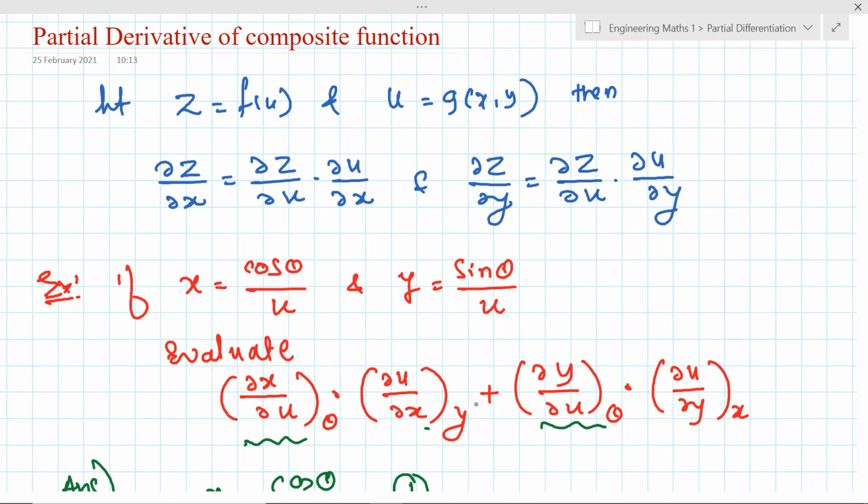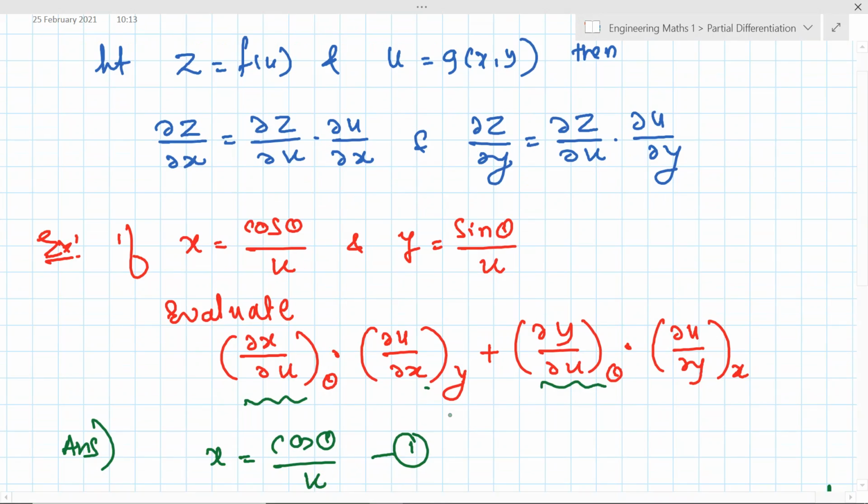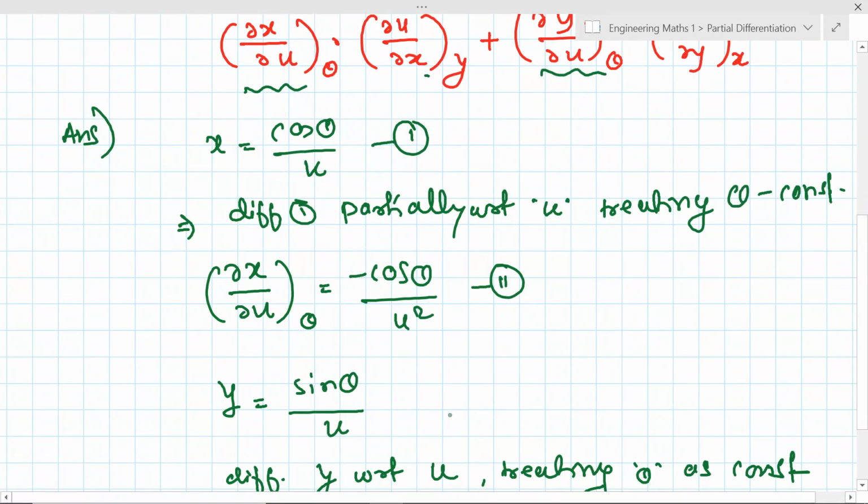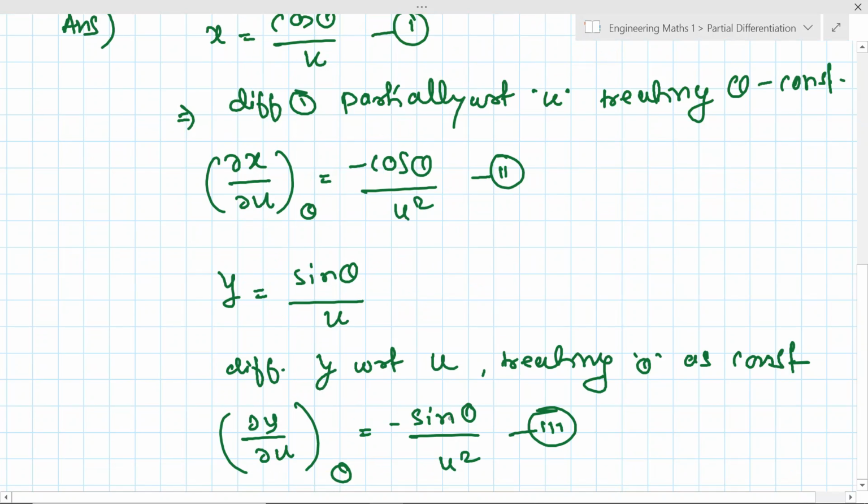So for the partial derivative of u with respect to x treating y constant, we need to remove the theta from the given expression, and whatever expression we have, partially differentiate that with respect to x treating y as a constant. So how do we remove that theta from the given two expressions, and we will get the new expression. So if we square and add 1 and 3, what do I get?